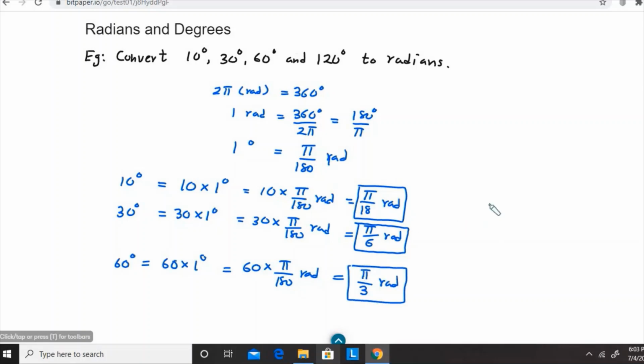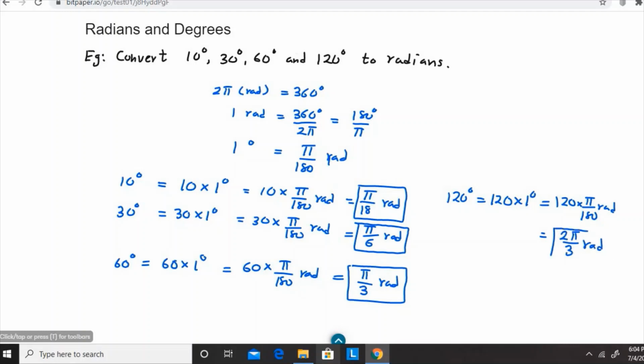And the final one, 120 degrees. Again I can break this into 120 multiplied by 1 degree, and I'll substitute for 1 degree pi over 180 radians. Further simplification gives me the answer 2 pi over 3 radians.